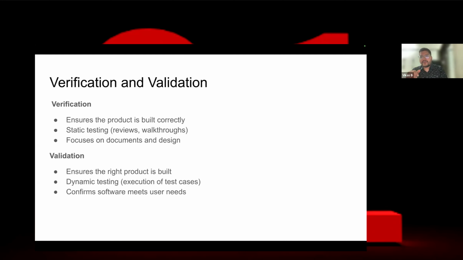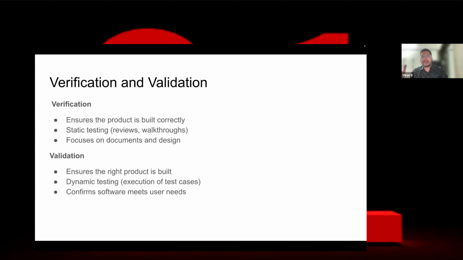If I provide you 5 documents to make sure this particular product is built, and you have followed them, then verification is successful. Once the verification is done, then the actual process of validation starts. Validation is more about whatever requirements were defined, and those requirements have been clearly understood, so it is now validated.